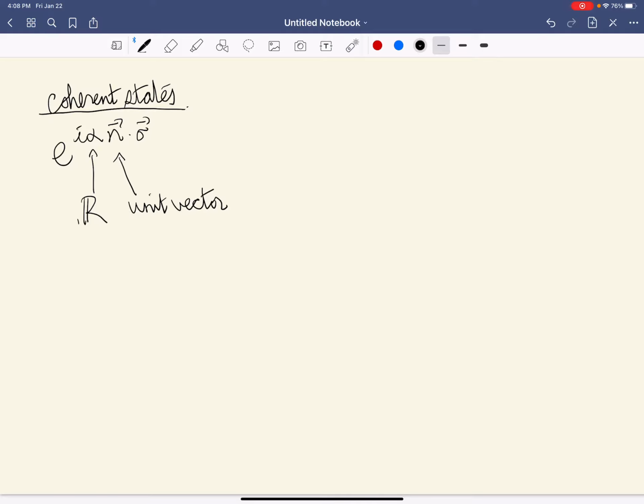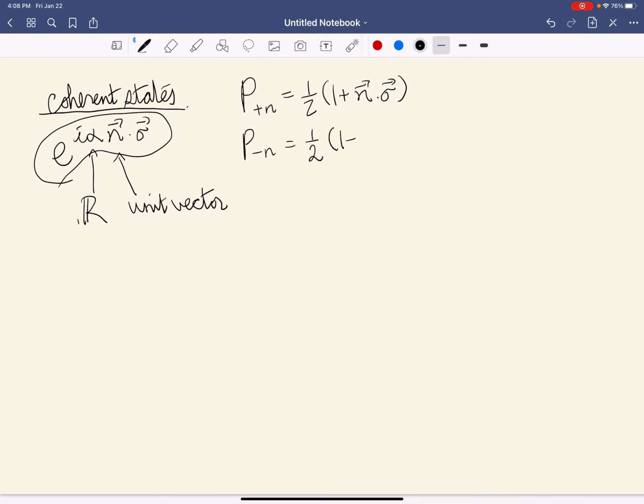Now, let's say we have this exponential form of a Pauli matrix, and we want to evaluate it. The way we do this is, again, by introducing a projector P plus n, which is 1/2 (1 plus n dot sigma), and P minus n, which is 1/2 (1 minus n dot sigma).